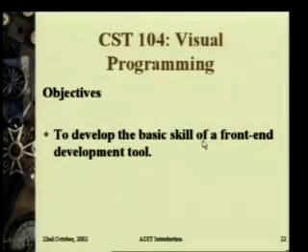Now, visual programming is another attempt to further enhance the knowledge of object-oriented program development. The basic objective in that case is to develop the basic skill of a front-end development tool. This particular tool is related to object-oriented programming skills.